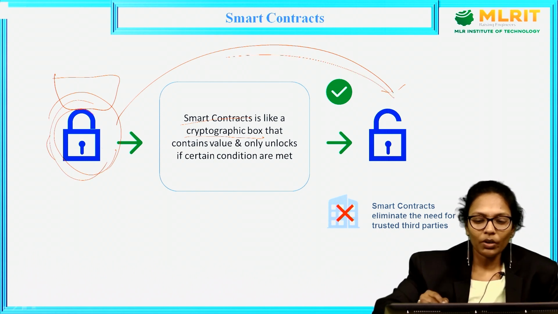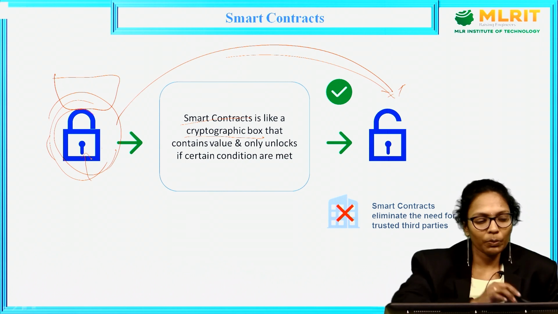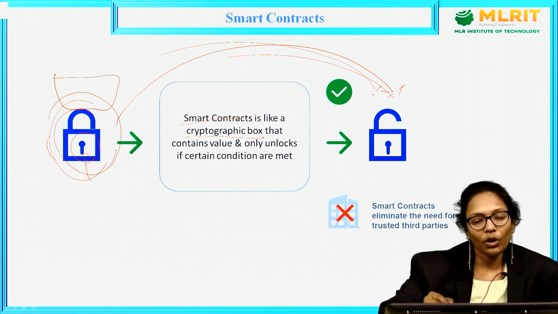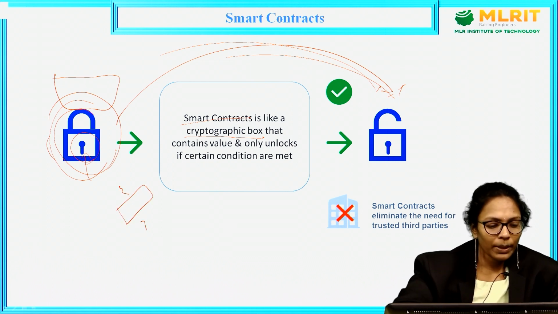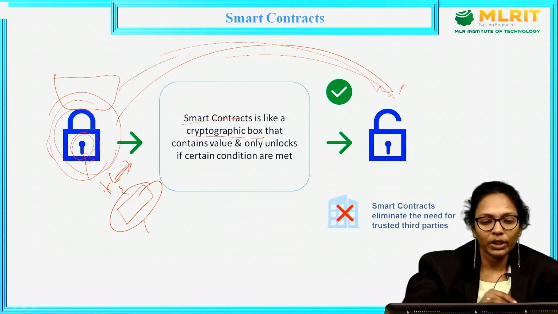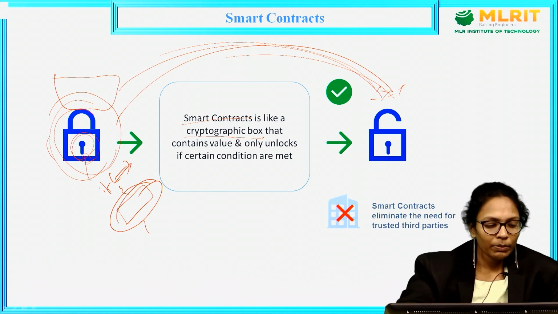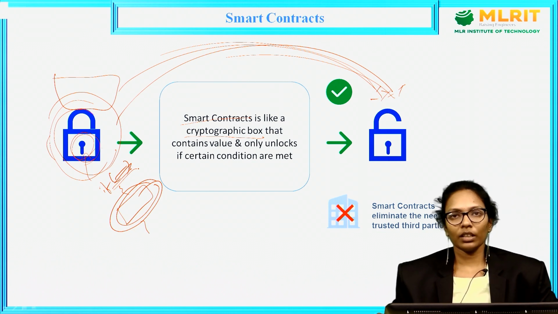Whenever I enter the proper key and it is correct, only then will the lock be opened. In the same way, the smart contract will be executed only when a proper condition is true. Whenever you find the proper key, only then the lock will be opened. In the same way, the smart contract will be executed whenever a certain condition is true. These are all automated processes.